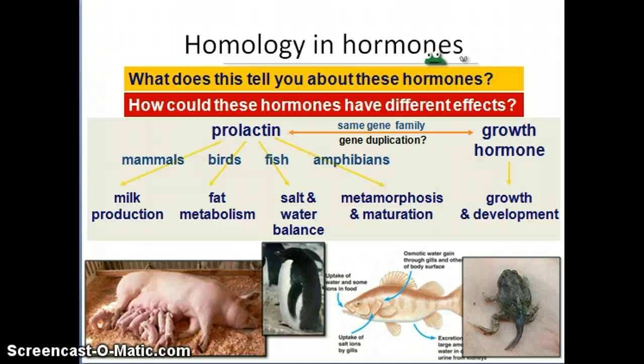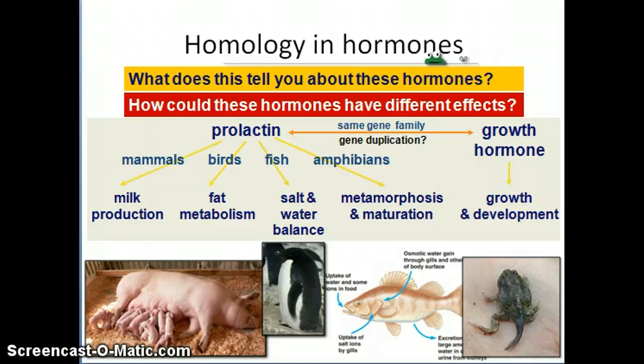But in the example they're showing you here, prolactin can have very different effects depending on which species it's acting in. In mammals, it produces milk. In birds, it metabolizes fat. In fish, it has to do with their osmolarity and the balance of salt and water within the fish.